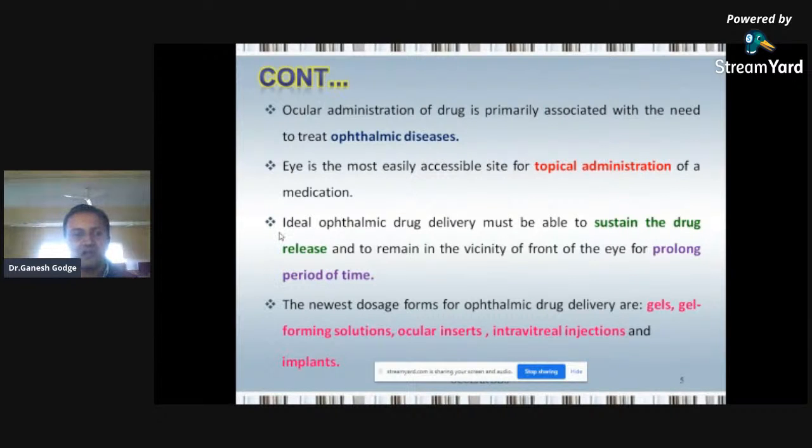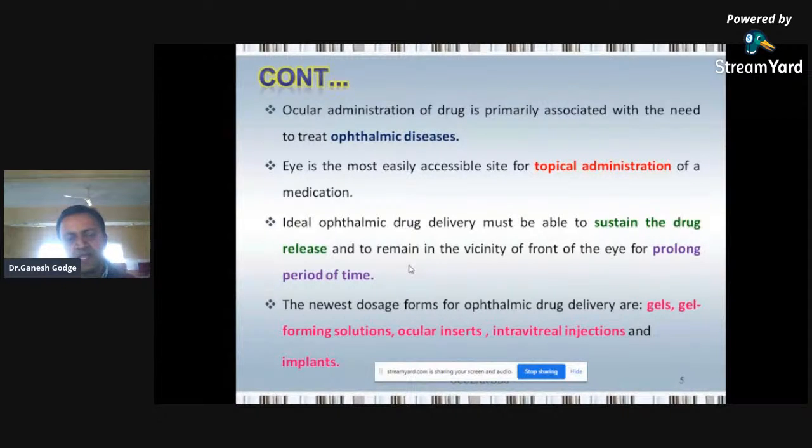Our requirement is that an ideal ophthalmic drug delivery must sustain release and remain in the vicinity of the front of the eye for a prolonged period. But conventional ocular preparations like solution, suspension, or ointment type have such drawbacks, due to which they fail to give prolonged residence, and we are not getting sustained action from conventional ocular preparations.